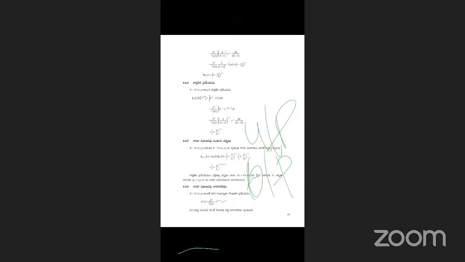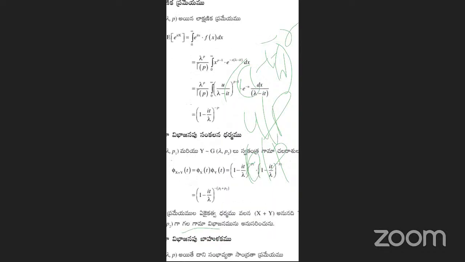Its beta 1 is 4 by p. Its beta 2 is 6 by p. Okay. Its moment generating function is 1 minus t by lambda whole to the power of minus p.